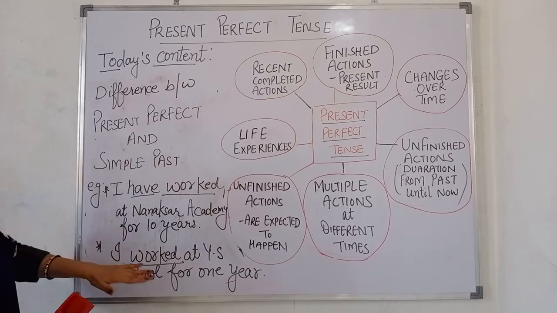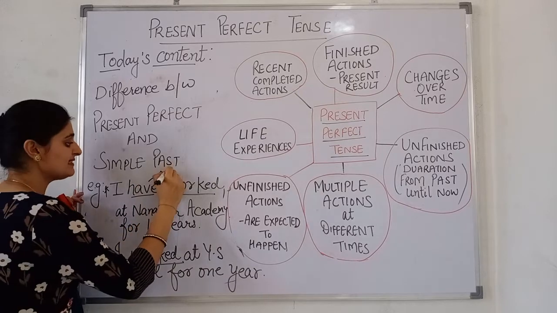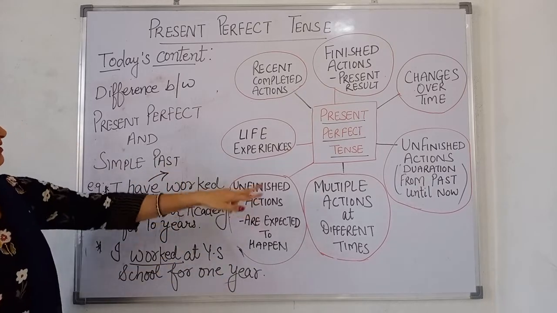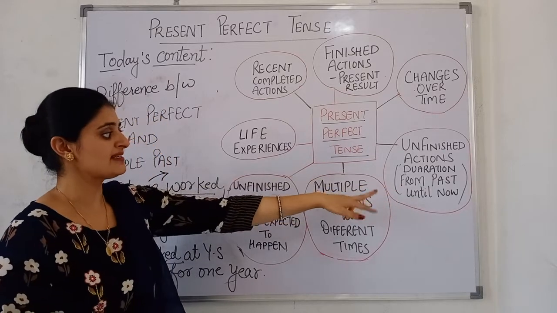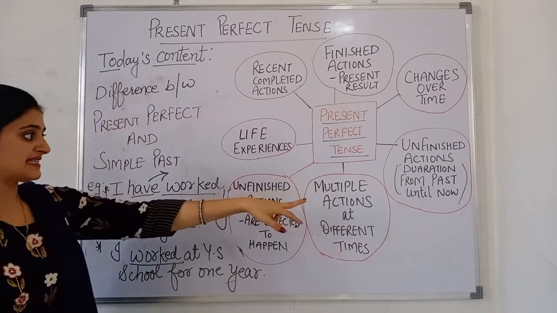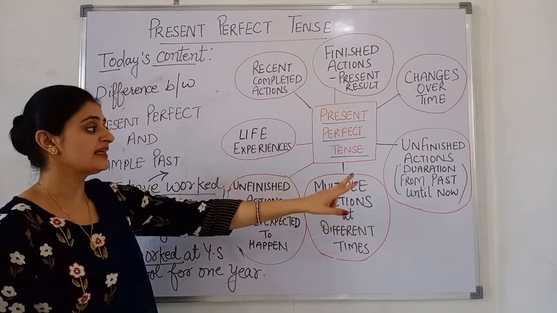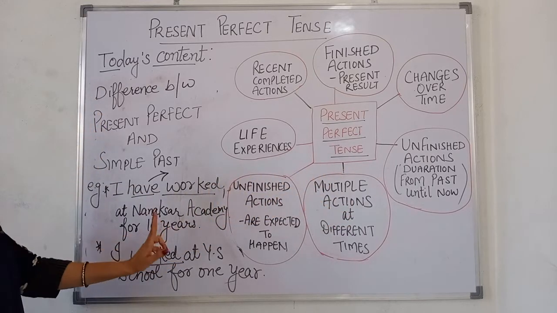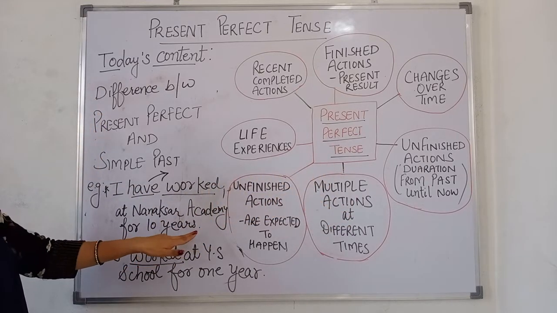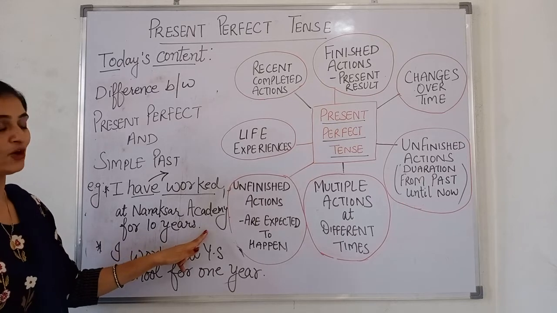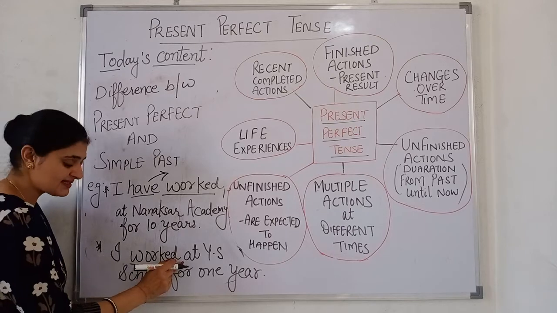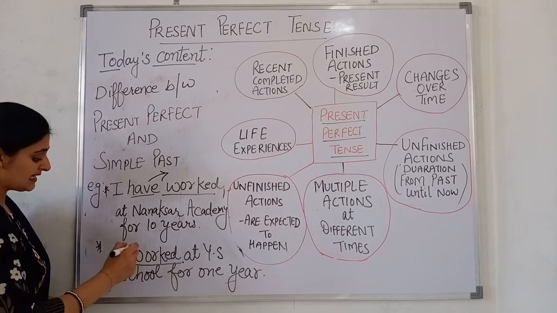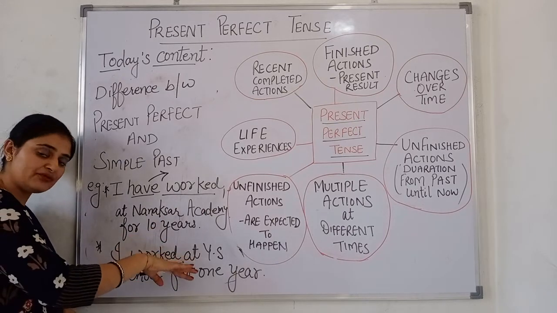So the difference is that this is, as I have taught you, unfinished action. Unfinished actions, duration from past until now. I started working at Nanak Sir Academy 10 years back and still I am working there, according to present perfect tense. But in the simple past tense, it means it happened at that very time.